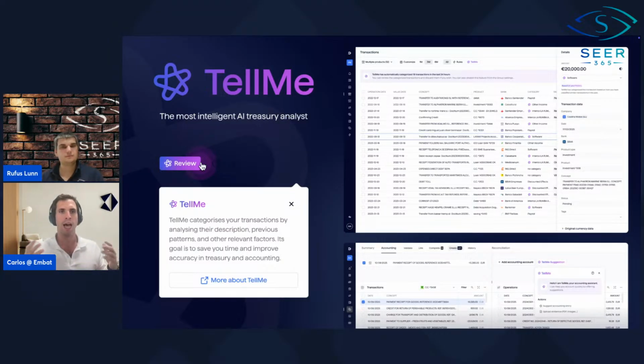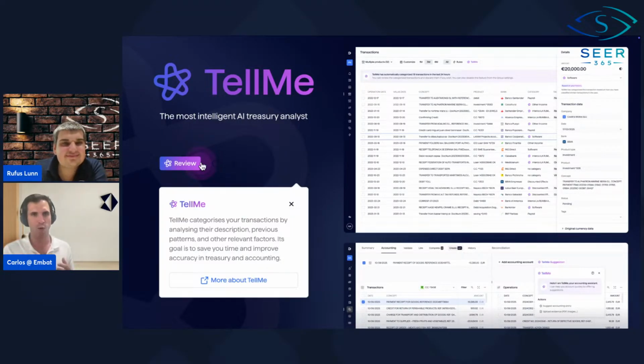So it's like having an analyst who has worked in 300 different companies, has understood 300 different processes, and can really get into your own business and start helping you automate and improve those processes. That's our vision and our mission for Tell Me, which is our AI helper inside our platform.